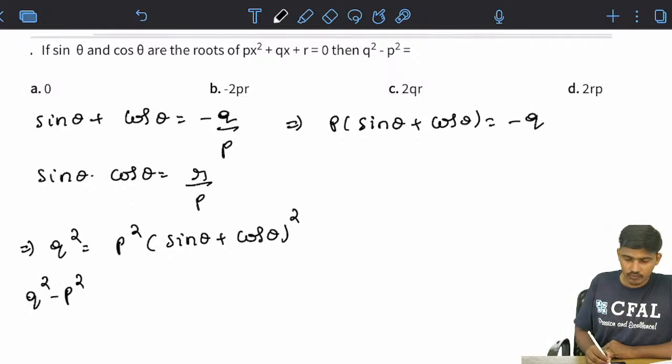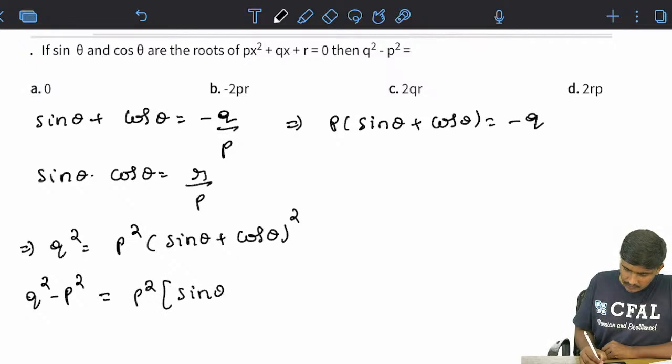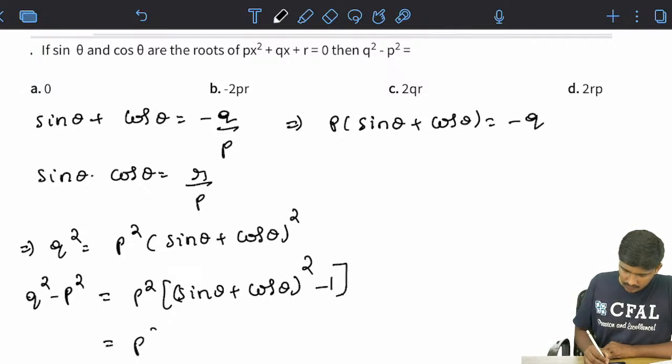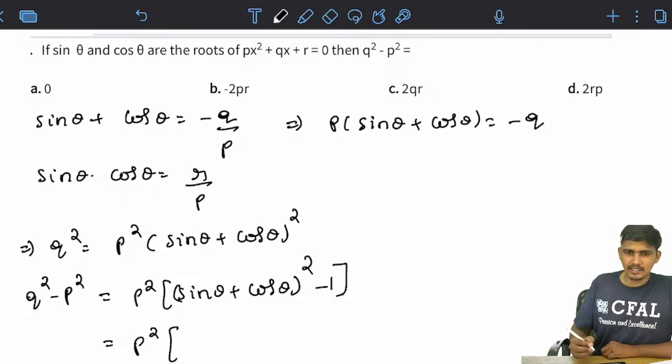So q square minus p square will be equal to p square into sin theta plus cos theta the whole square minus 1, right? So this will be equal to p square into, what is sin theta plus cos theta the whole square?